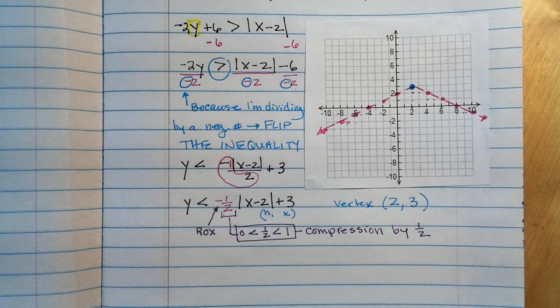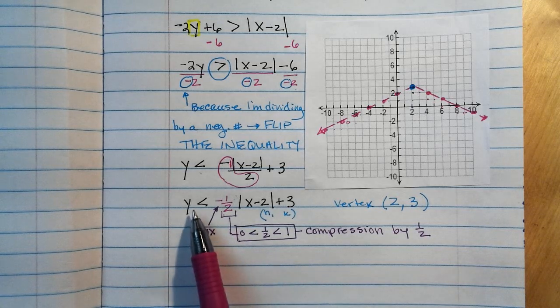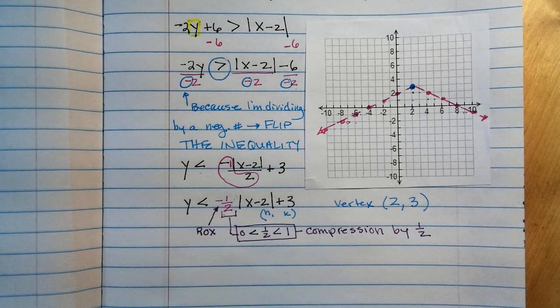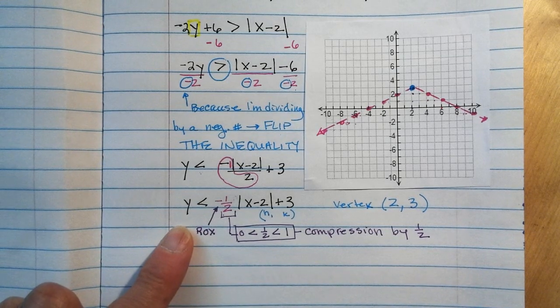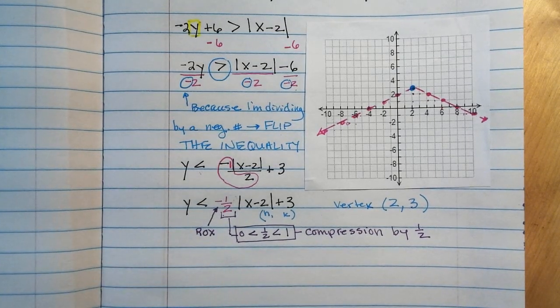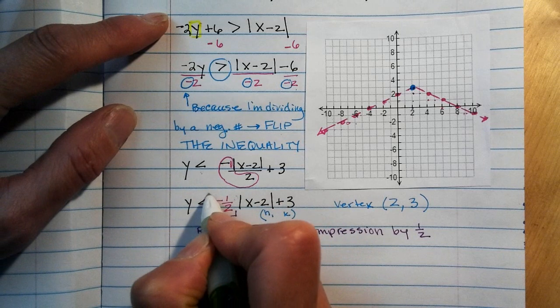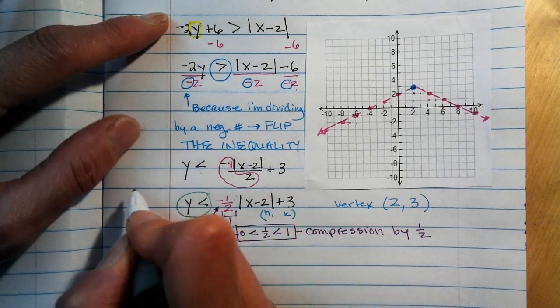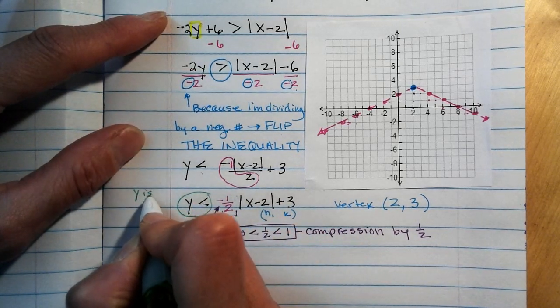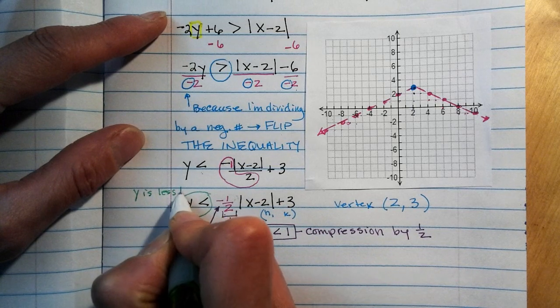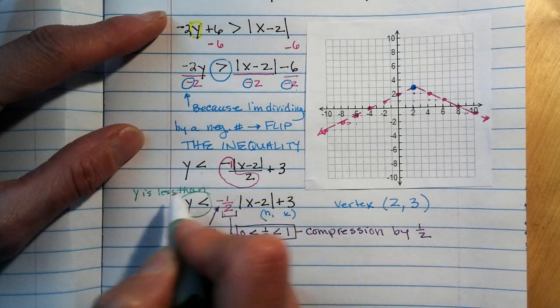So now the next thing I have to do is shade the region, because it's an inequality. So watch what I'm going to do. This says y is less than. Okay?